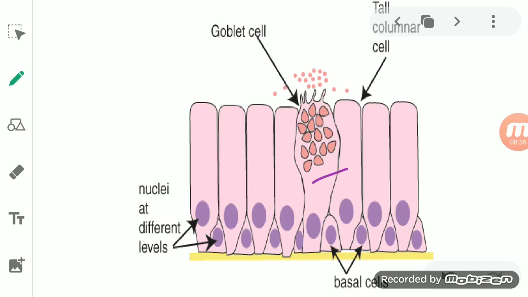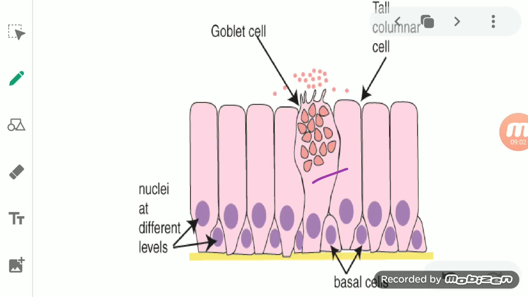Okay, so goblet cells help in secreting mucus, and you know, students, that mucus is present in the inner lining of the stomach, and not only in the stomach but also in the intestine and the duodenal part. So these mucus secretions are present in our digestive system.